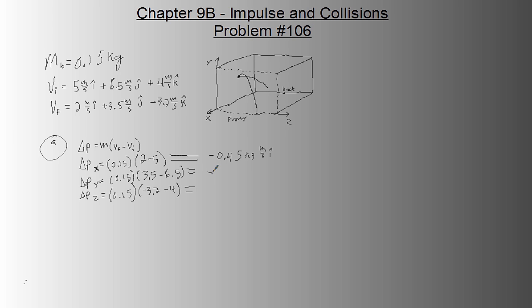This equals negative 0.45, the same thing, kilogram meter per second in the j direction. And this equals negative 1.08 kilogram meter per second in the k direction.